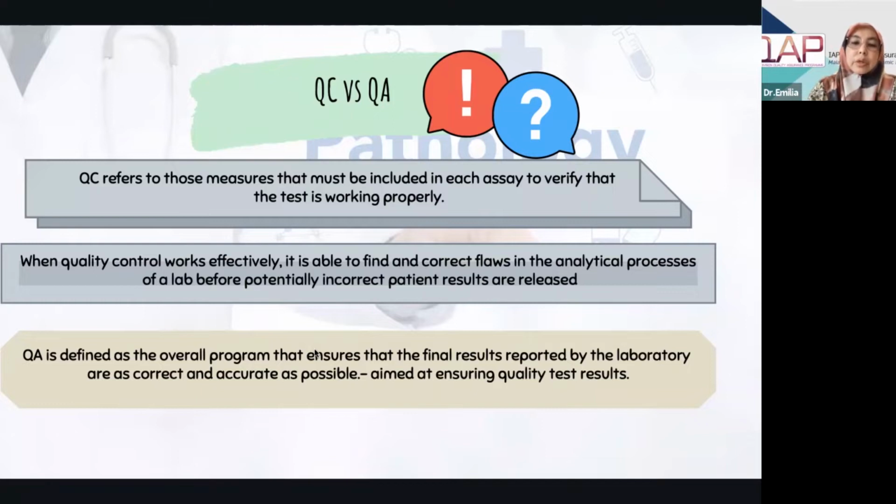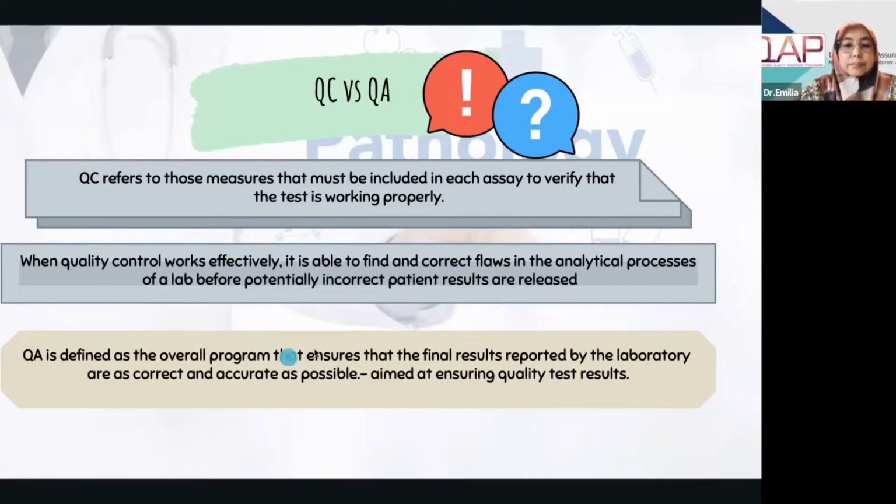When quality control works effectively, we can troubleshoot early, correct all the flaws in the analytical processes, and prevent the potential release of incorrect patient results. This is very important. But QA, or quality assurance, is the program that ensures the final results reported by the laboratory are as correct and accurate as possible. In other words, quality assurance aims at ensuring quality test results.